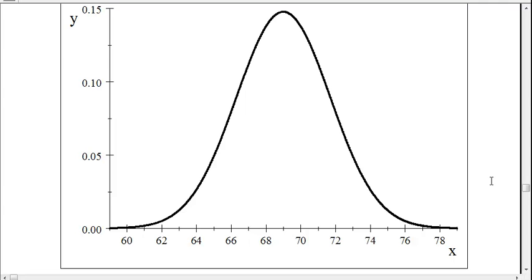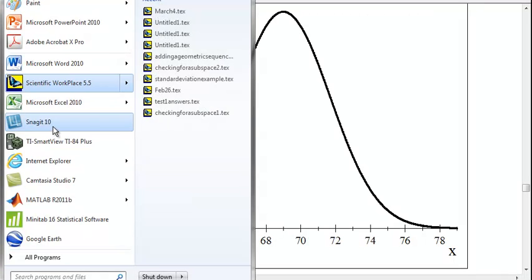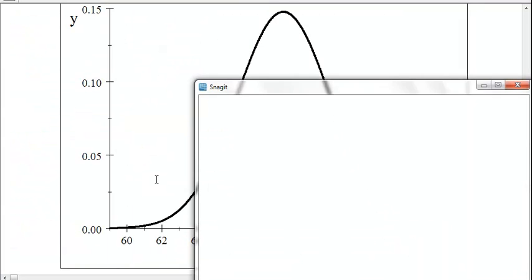Now, one thing is slightly an illusion here. You see that this curve touches the x-axis, but in fact it does not. Do you remember asymptotes from algebra 2? Yes or no? So the curve and the axis are asymptotic.